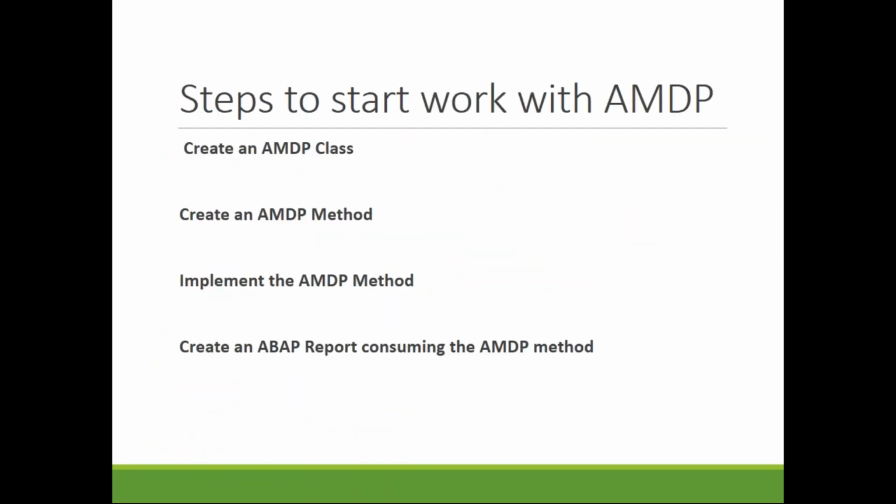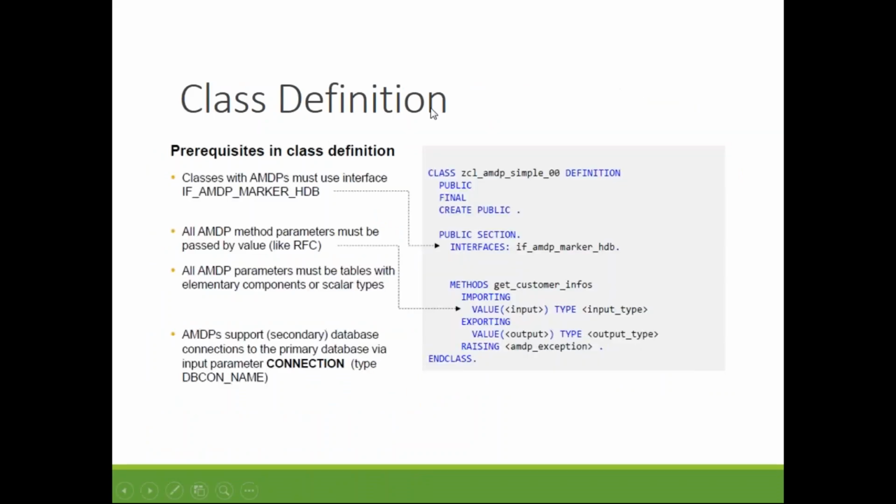Just a quick review; tomorrow I'll explain again. This is very important. While creating the AMDP class, there will be a public and a private section anyway. In the public section we have to call the interface IF_AMDP_MARKER_HDB.